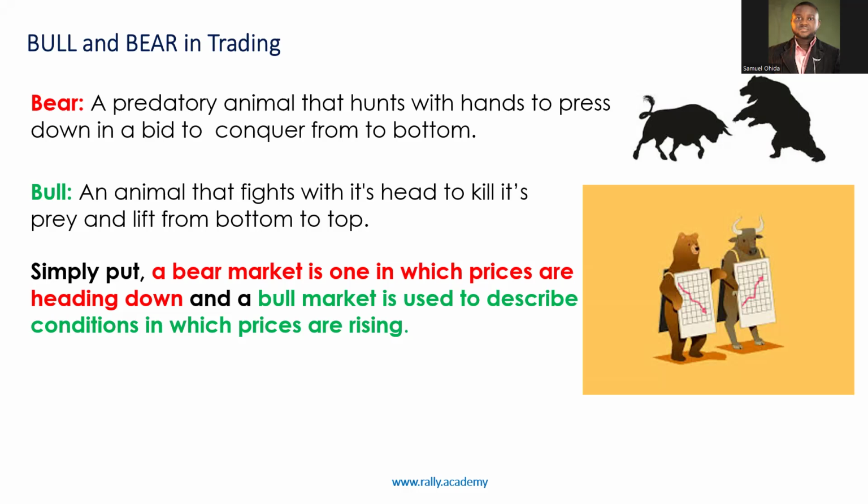But let's say there's rumors of war in a particular place and people begin to sell their properties in that place, and that begins to bring down the price of those properties. That's a bearish market. So simply put, a bear market is one in which prices are heading down, and a bullish market is just to describe the conditions in which prices are rising.